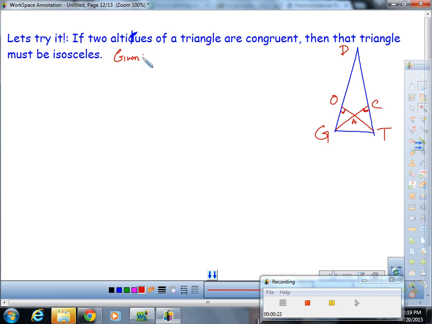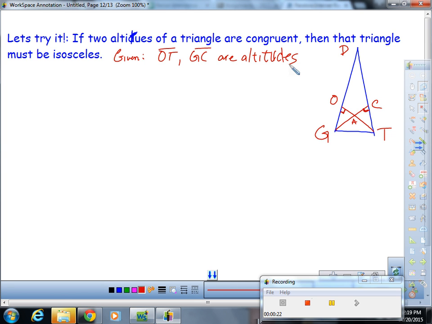Now let's write our givens. I'm going to read it again. If two altitudes of a triangle are congruent. So we know that OT and GC are altitudes. I hope you read it again, because you do have to read these a number of times to get all your givens. We know that OT and GC are altitudes.